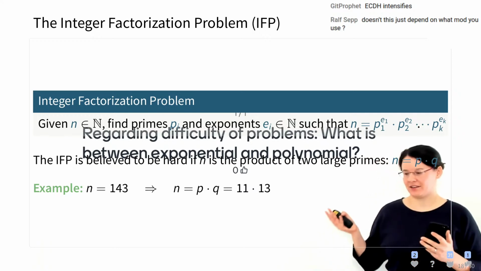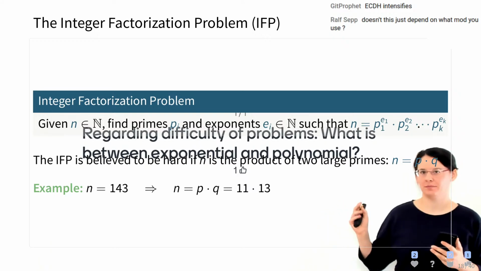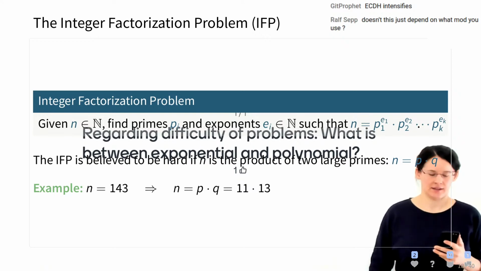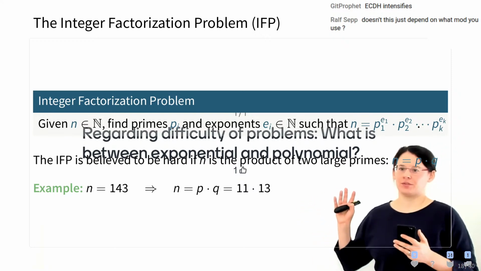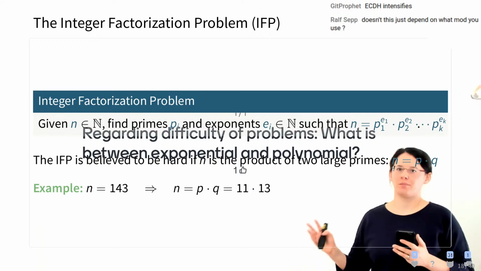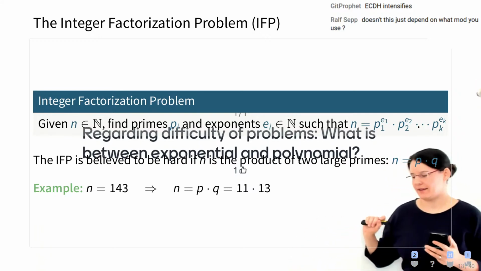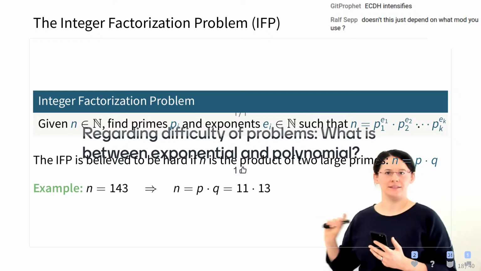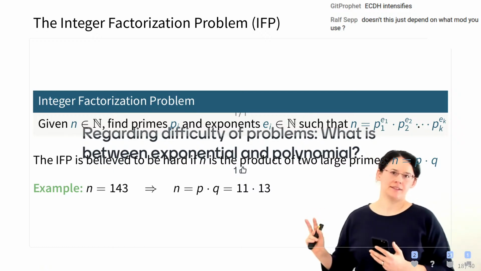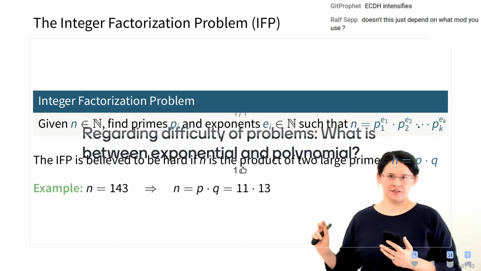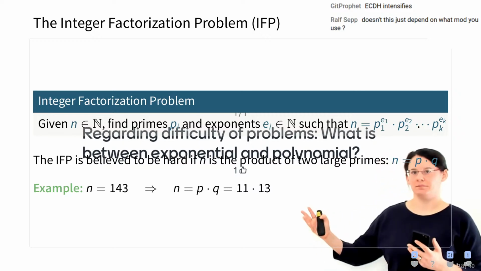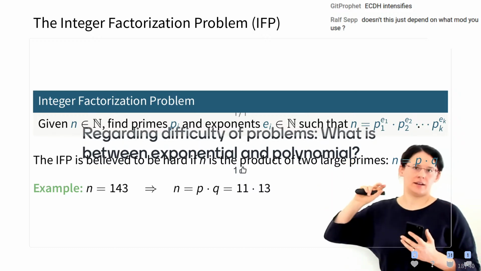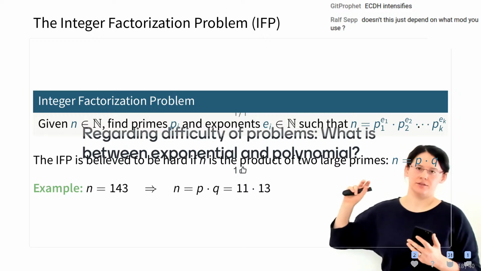So the particular algorithms that we're talking about here, both for solving the IFP and for solving the DLP, so the two problems we saw, they are both sub-exponential but super polynomial. And there is a special notation that you can use to write down these numbers, and this is an exponential notation. So you write the class as e to the power of something that depends on n, so on my input size.